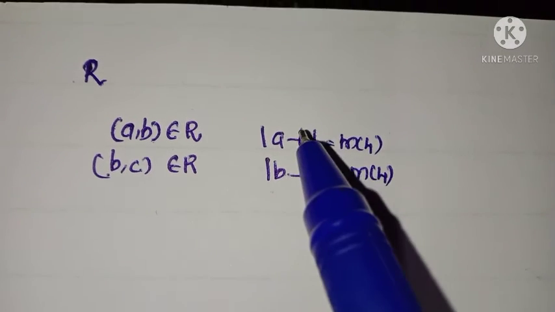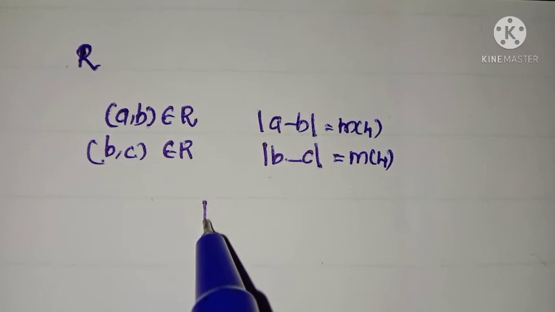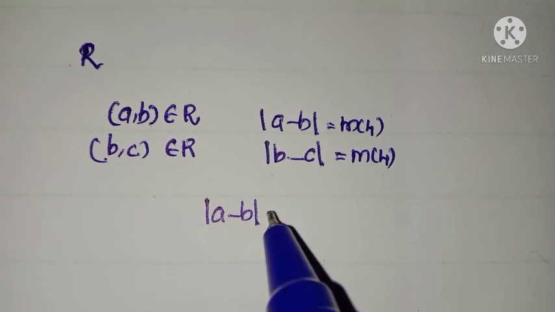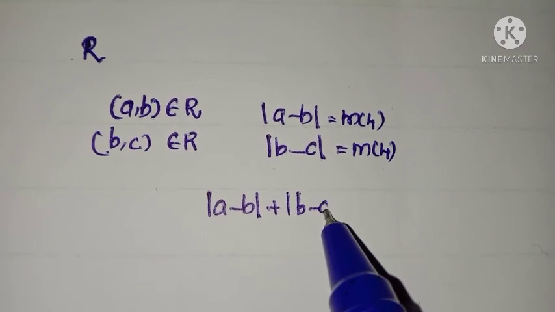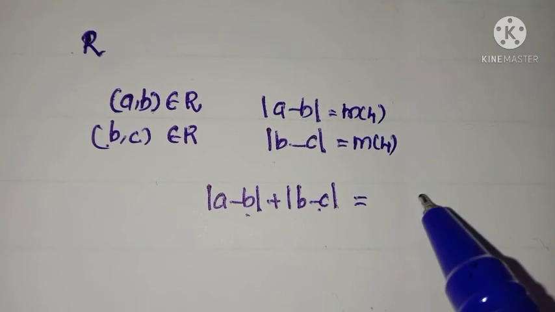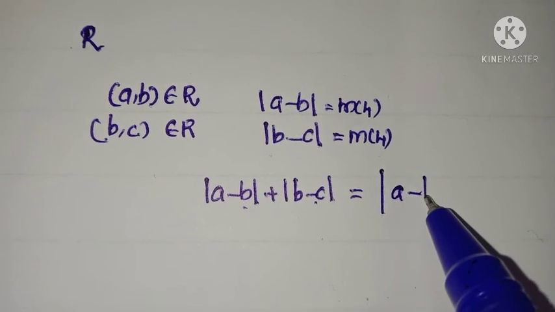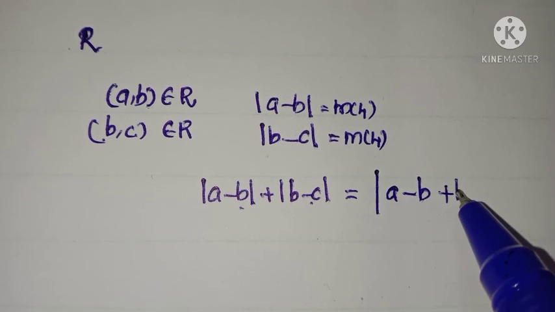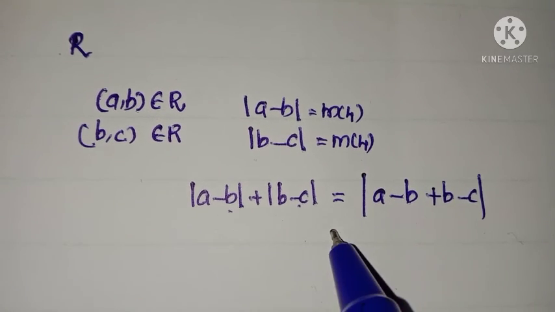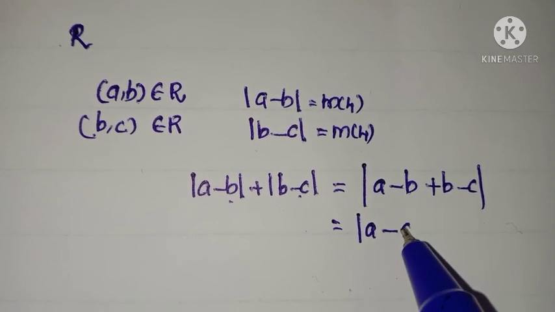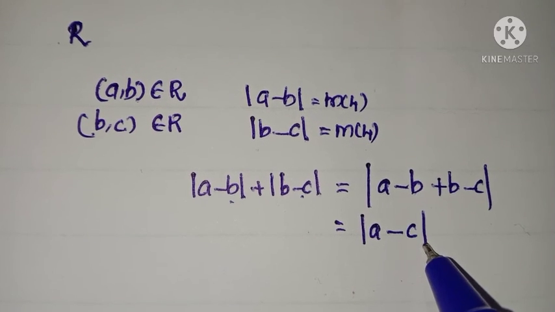Okay. Now adding these two, |a − b| + |b − c|. This can be written as |a − b + b − c|, which is the same as |a − c|.